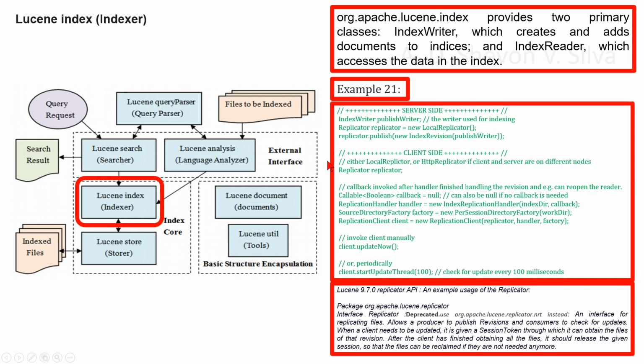Example usage of the replicator is here. So here the server side, the writer used for indexing. Client side, either local replicator or HTTP replicator if the client and server are on different nodes. Callback invoked after the handler finishes handling a revision and, for example, can reopen the reader.